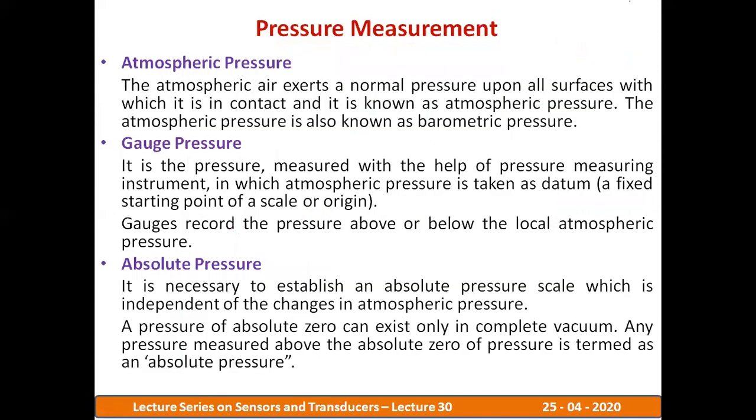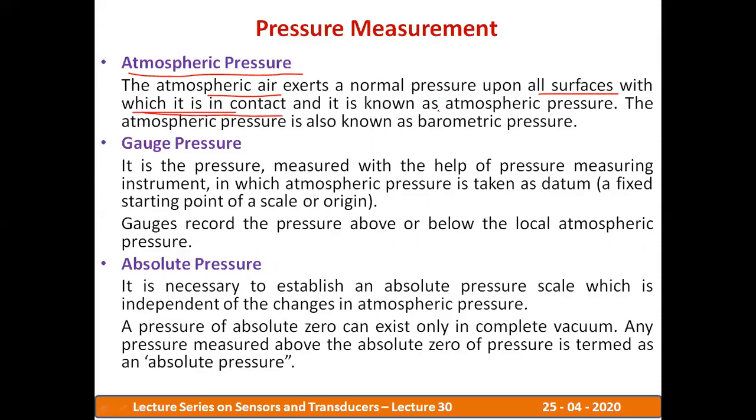Now we will define some of the terms which are commonly used in pressure measurement. The first one is atmospheric pressure. The atmospheric air exerts a normal pressure upon all surfaces with which it is in contact.